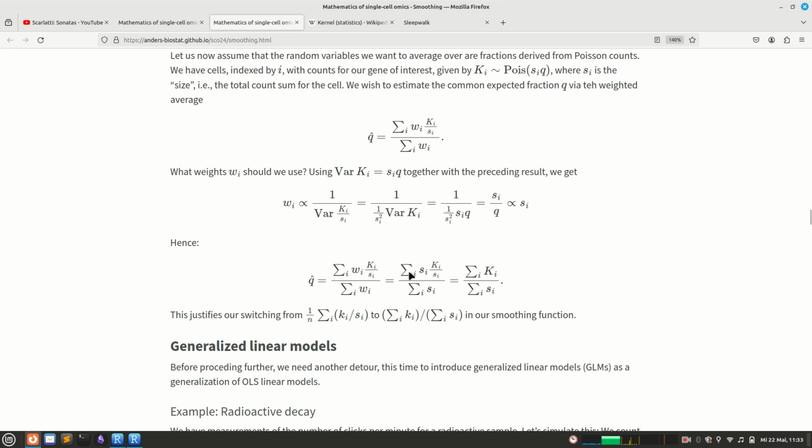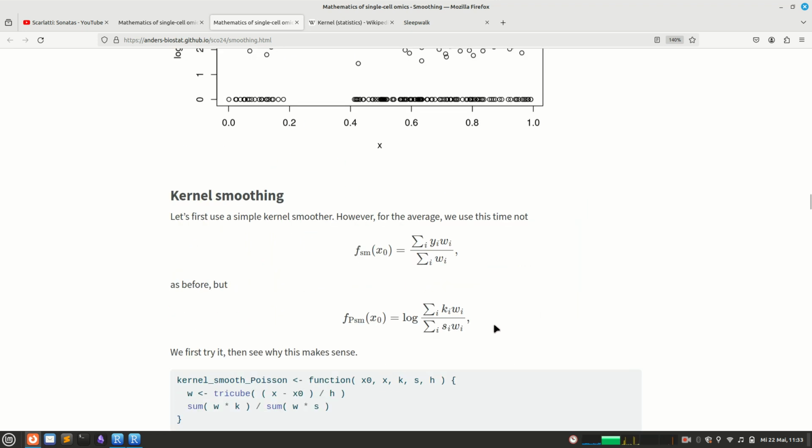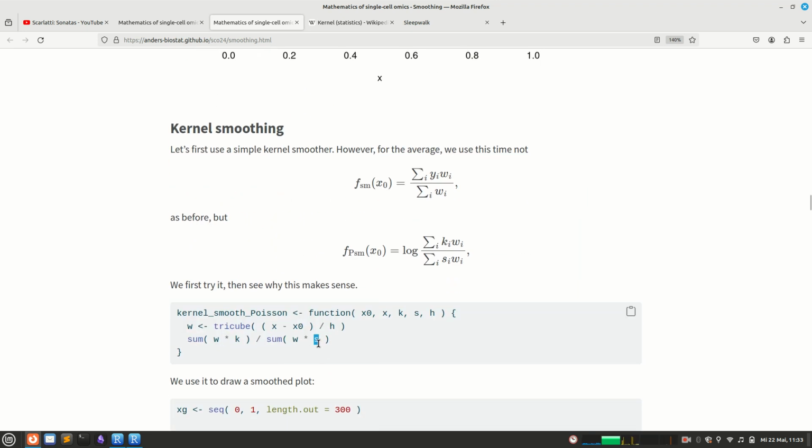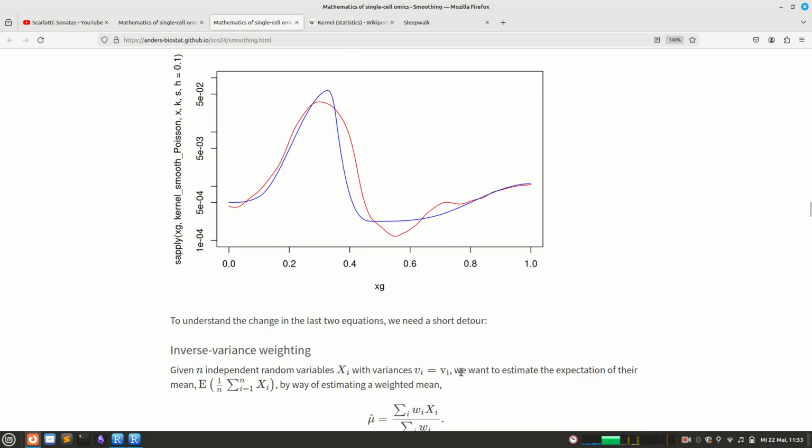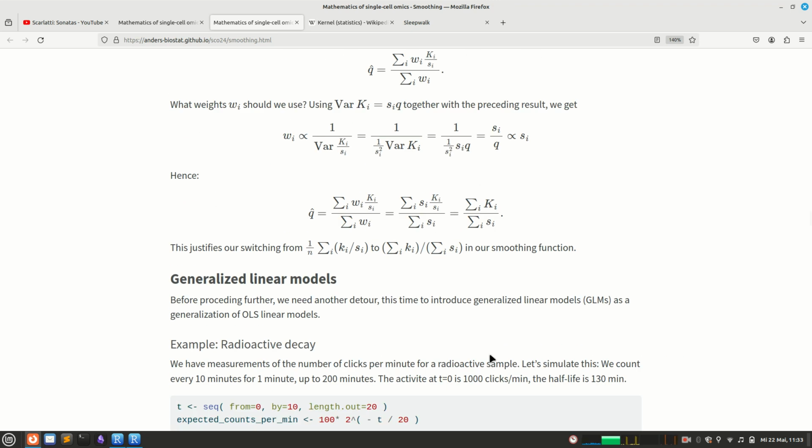When we set this in, the si's cancel on top and stay at the bottom, and this is why we put the weights in the numerator for the s and not in the denominator.